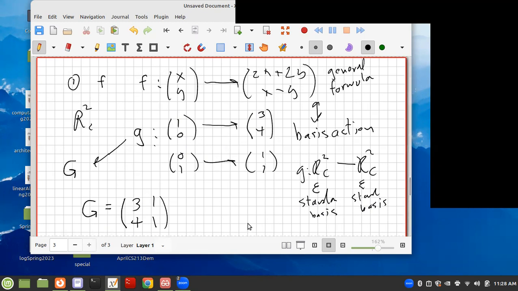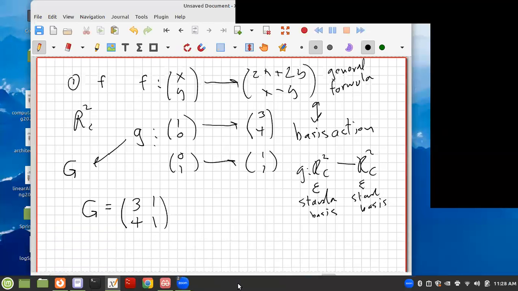Now, let's say that I wanted to find the matrix F that represented this top map here, F. What is this equal to? Well, we find the basis action for F. We say the standard basis, 1, 0, would go to x is 1, y is 0. Well, that would be 2, 1, right? Because the y's would be 0.